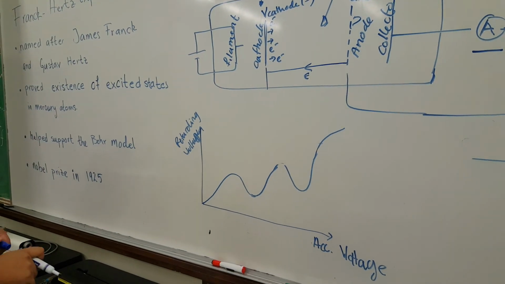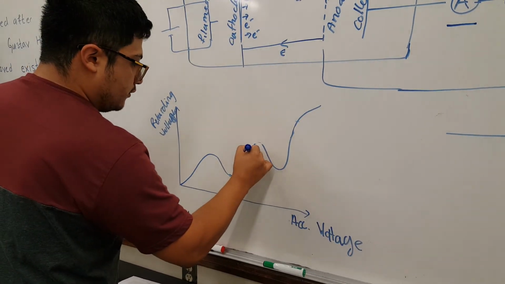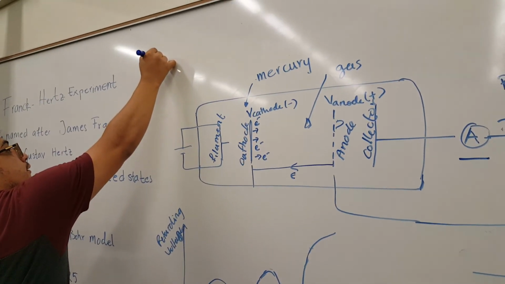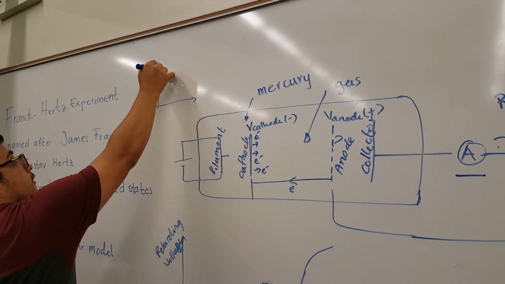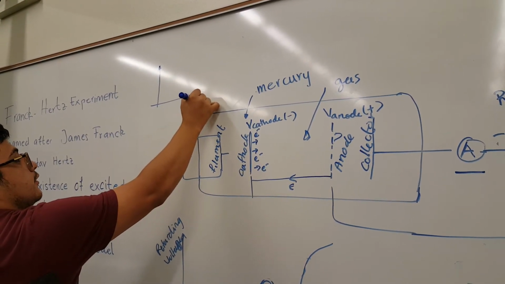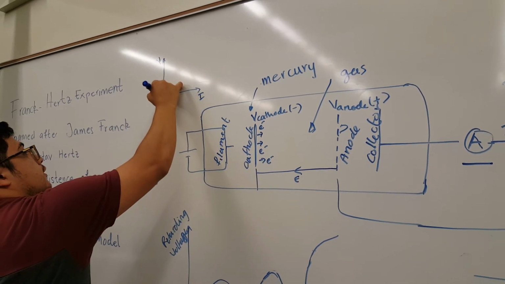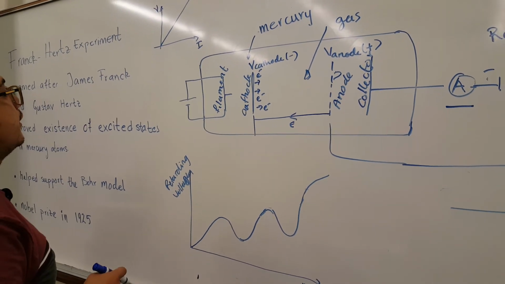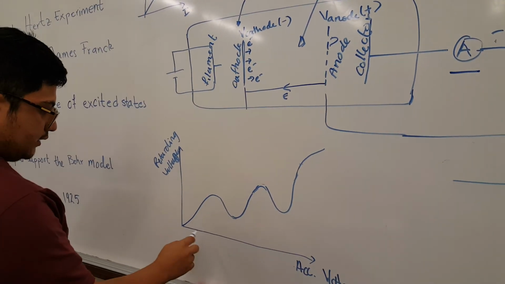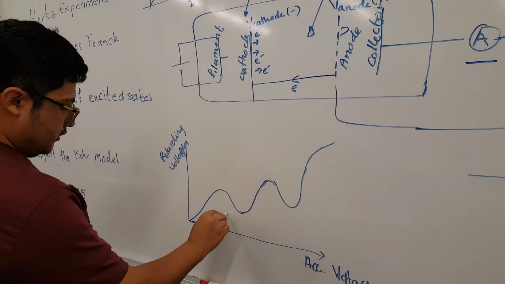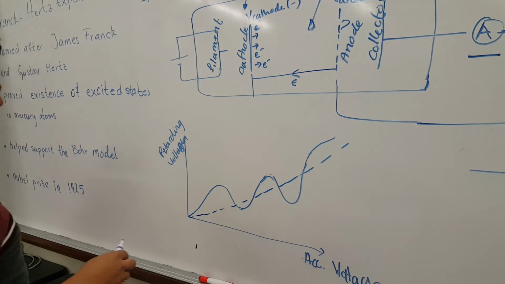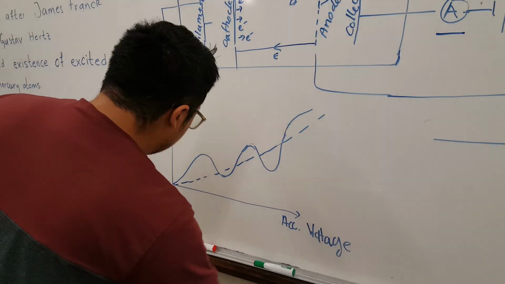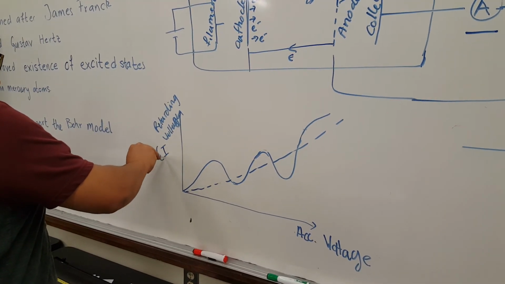Okay, so what's happening here? We all remember from the usual Ohm's law where we plotted current versus voltage. We got a straight line, right? But that's not the case here. You could see sort of an increasing line, although here I'm plotting retarding voltage, but if I plot it against the current, I will get the exact same thing. So this could be voltage or current.